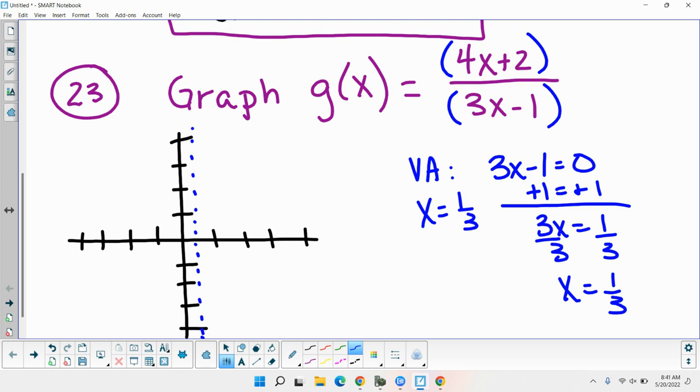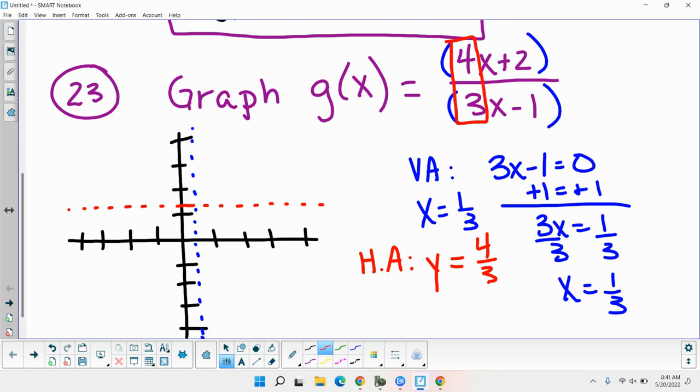The horizontal asymptote is this fraction, those two coefficients, when it's written this way. All right, so my horizontal asymptote is y equals 4/3. Okay, that's 1 1/3, so that's a little above the 1, and that's the horizontal asymptote.